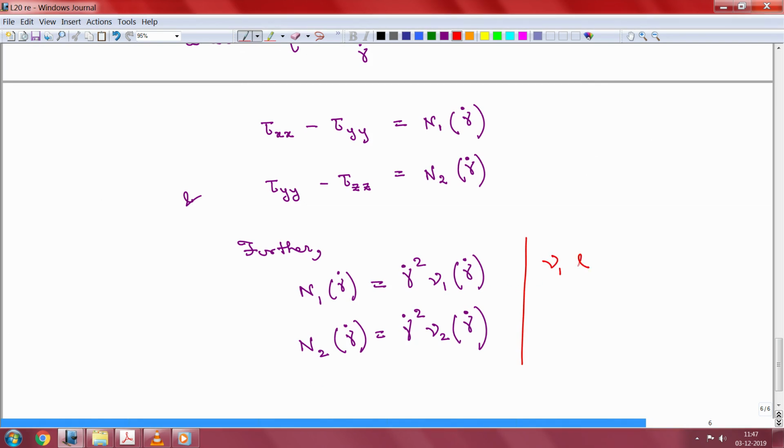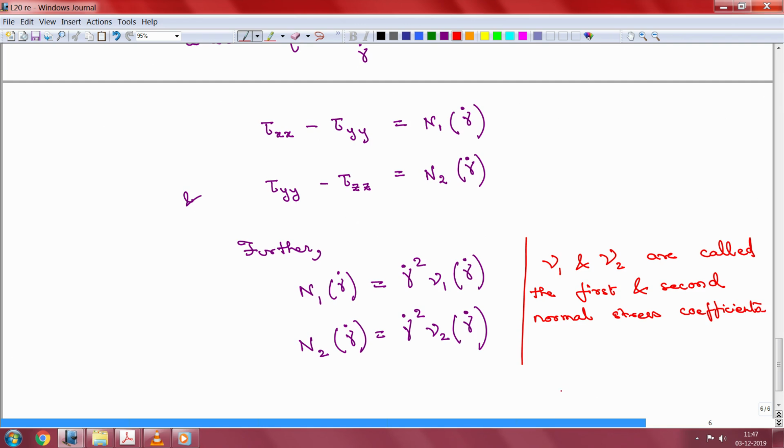So, mu 1 and mu 2 are called the first and second normal stress coefficients, okay, respectively, obviously normal stress coefficients, and they are important because they are material properties.